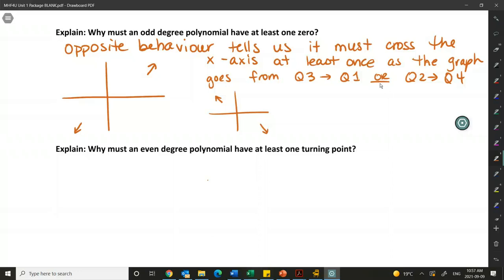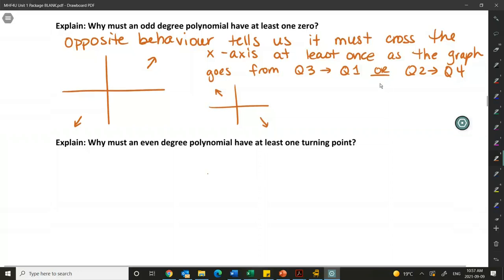Is there like a possibility it could just be a straight line, so there is no turn here? Not for even. So if it's a straight line, that means it's degree 1. So that would be odd. Oh, yeah, okay. Yeah, and then the end behaviors are both the same, so it has to. Okay, so it has to have the same end behavior.